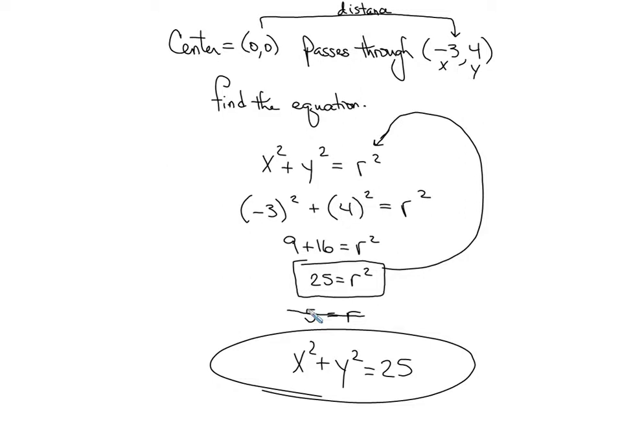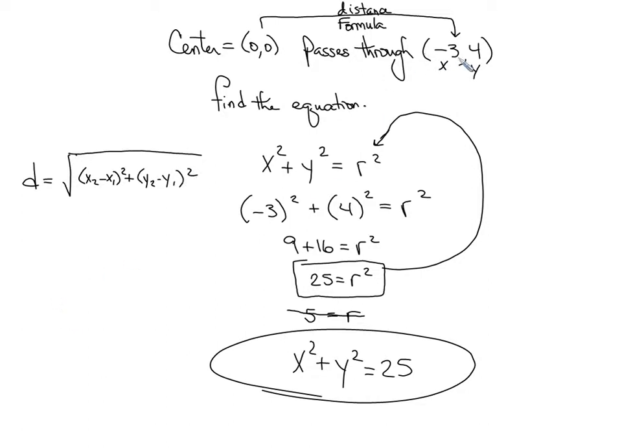Now, why is it that we could do it this way instead of using the distance formula? Well, the reason is, guys, that the equation of a circle is nothing more than the distance formula. Remember that the distance formula is the square root of x2 minus x1 squared plus y2 minus y1 squared.